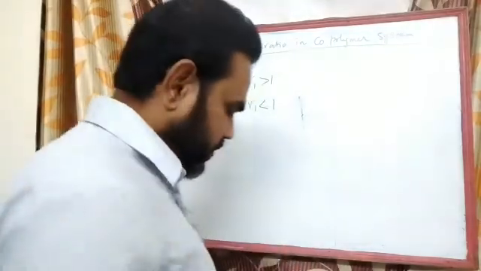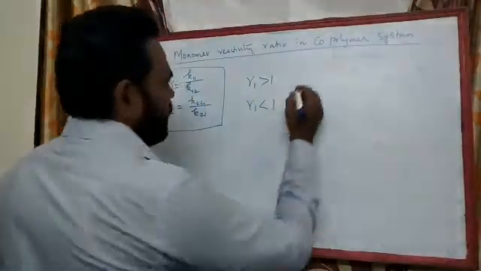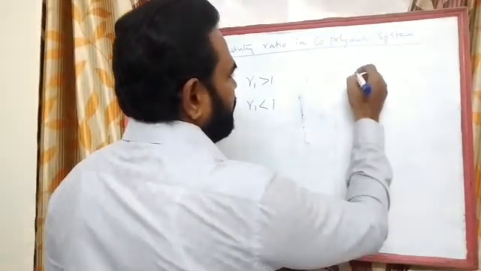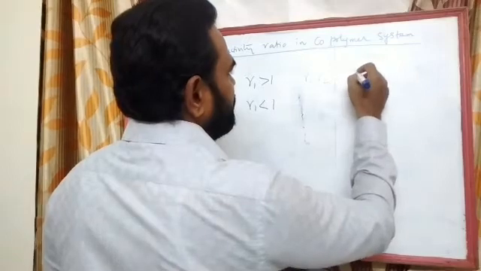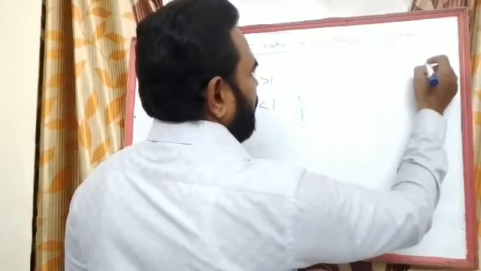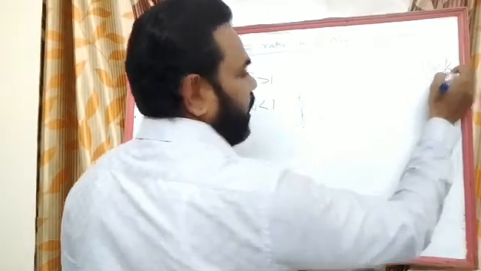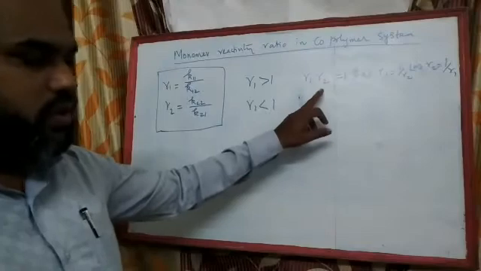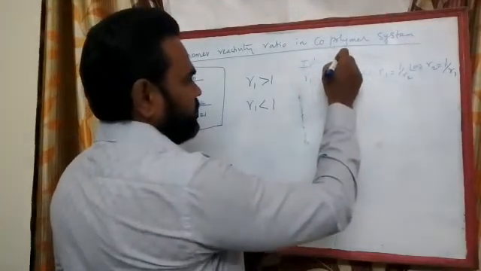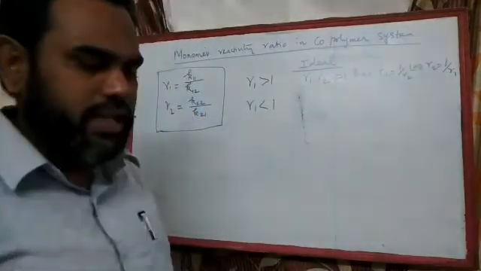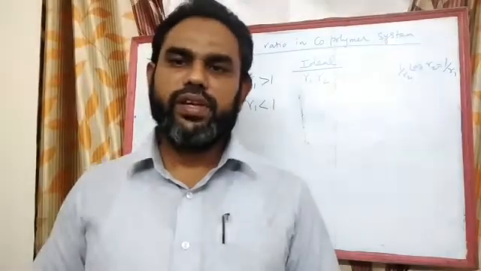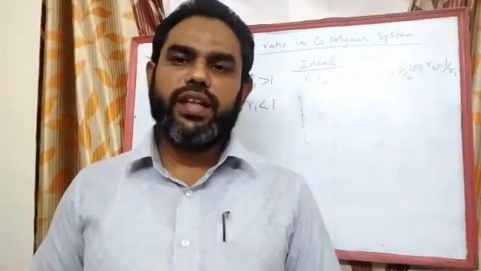So if a system has R1 R2 equal to 1, that is, if R1 is equal to 1 by R2 or R2 is equal to 1 by R1, this is a case of an ideal system, in which an azeotropic mixture is formed. So what is an ideal system?